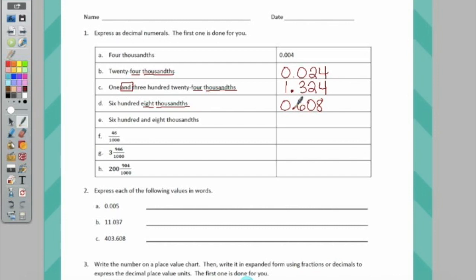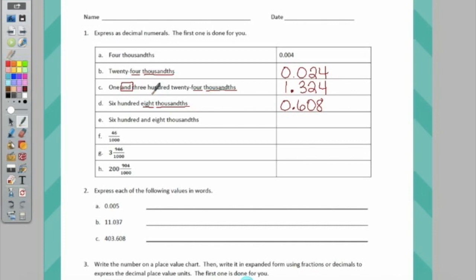My question was, do you see the word and? In D? Oh, no. So there is no whole number. That's messing kids up because they see the word hundred. They automatically want to put it in the hundreds place, don't they? So the first thing I want you to look for is the word and. And that's going to tell us if we have any whole numbers.